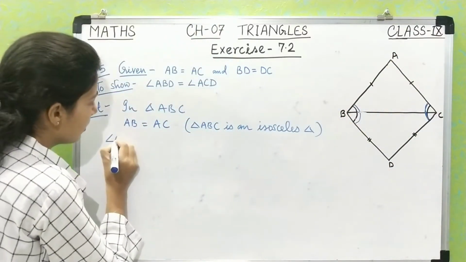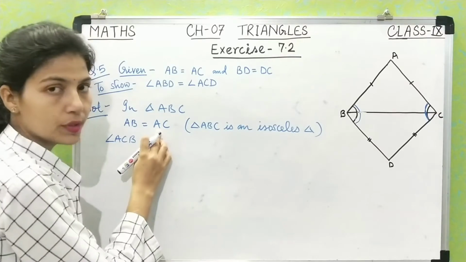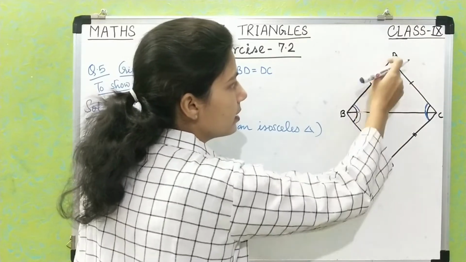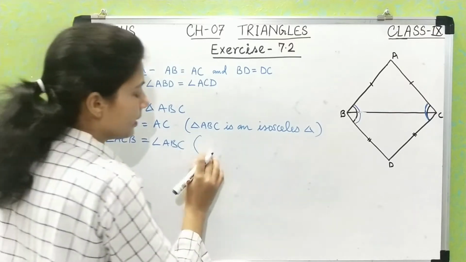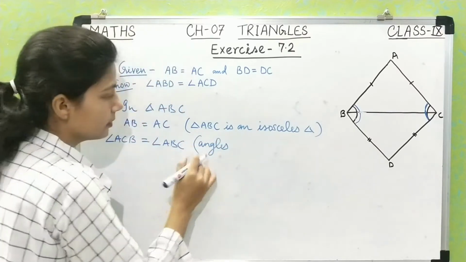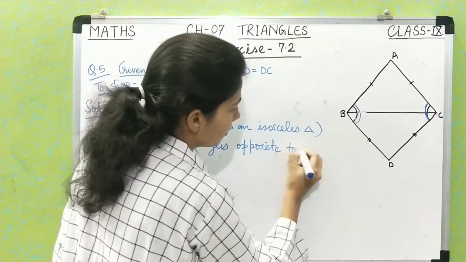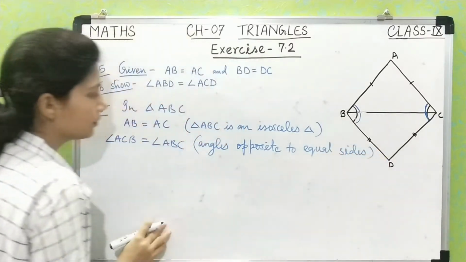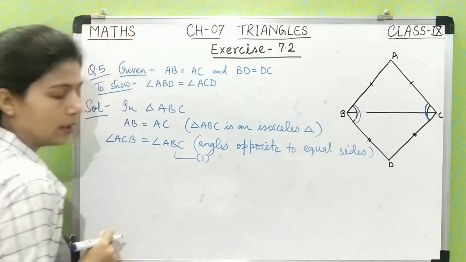So angle ACB will be equal to the angle opposite to side AC, which is angle ABC. Why? Because these are the angles opposite to equal sides. That's why the angles will be equal. Give this as equation number 1.